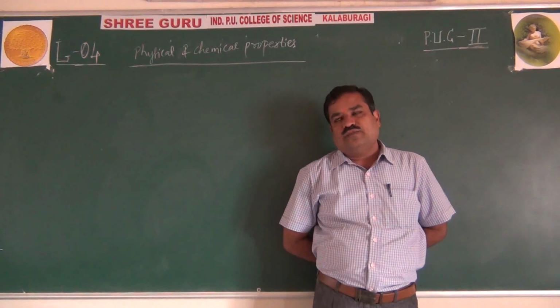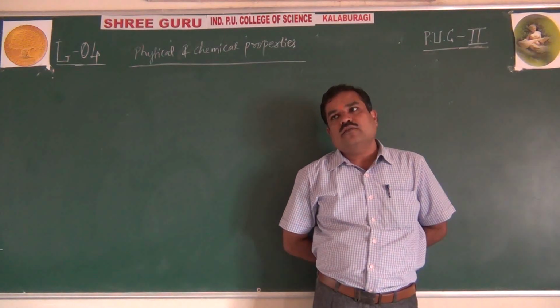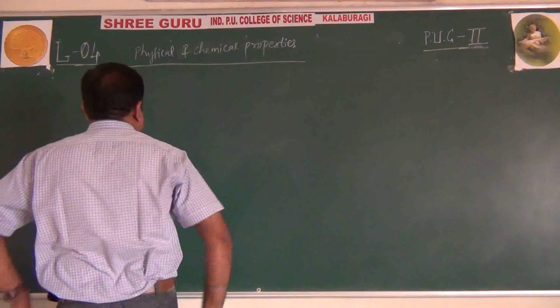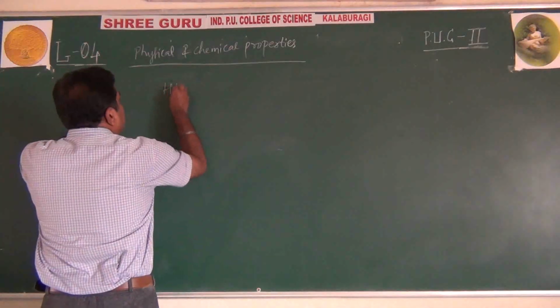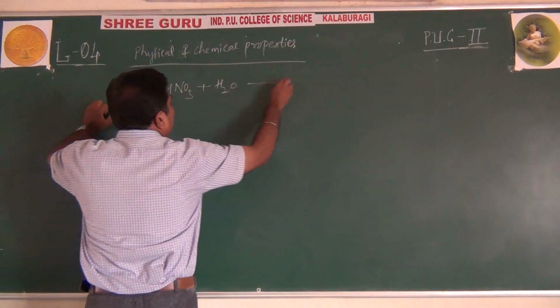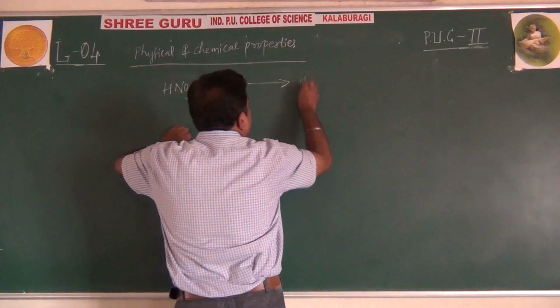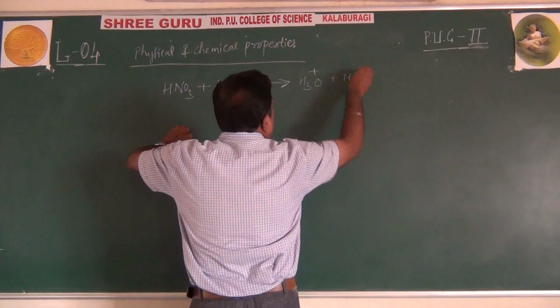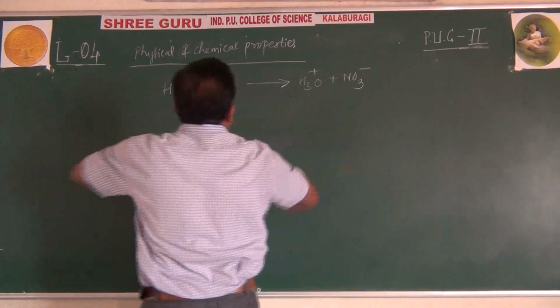Then this is highly soluble in water. Whenever you react it with water, nitric acid dissolves in water and forms hydronium ion H3O plus and nitrate, showing that it is acidic in nature.